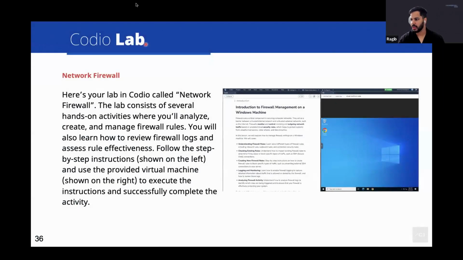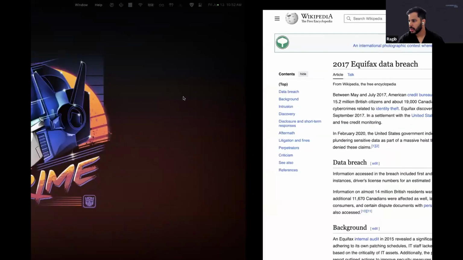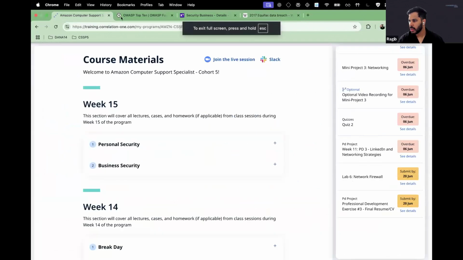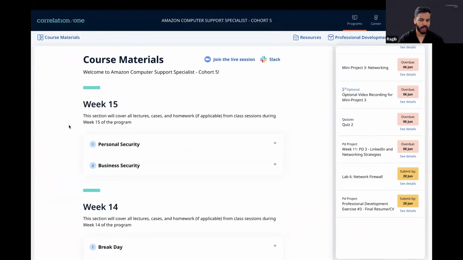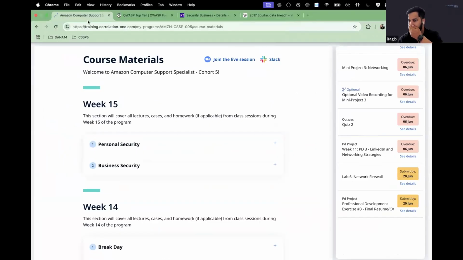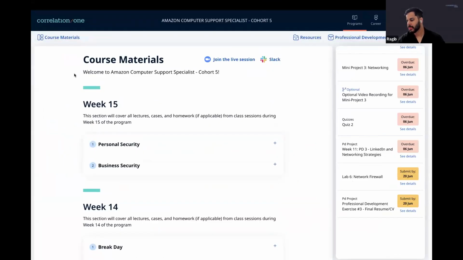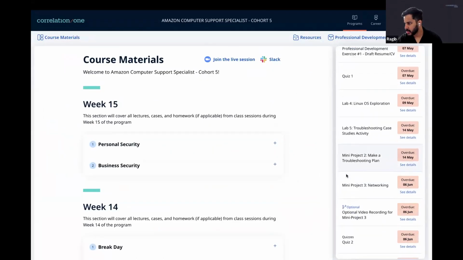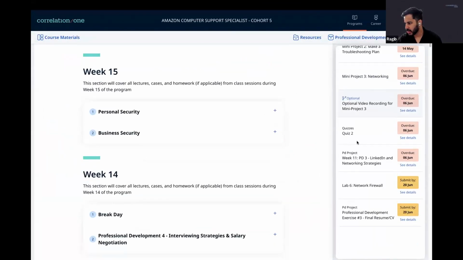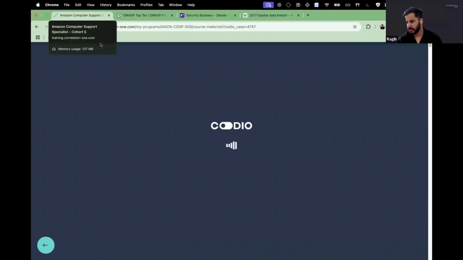Let me share my screen. Can you see my training site? You will find this under assignments in network firewall, and it will take us to our favorite Codio.